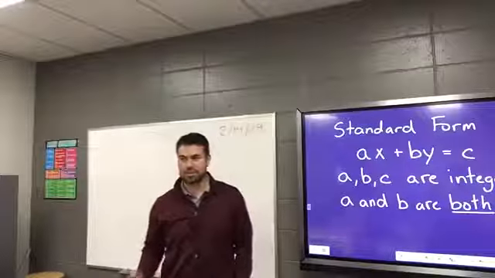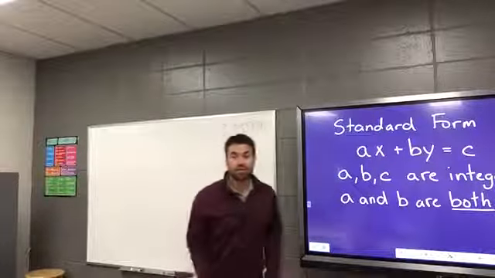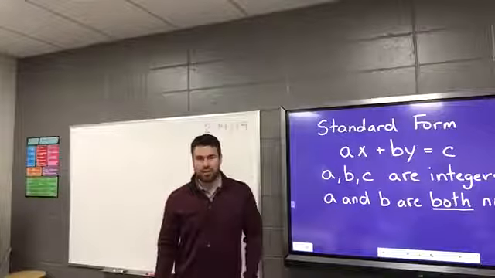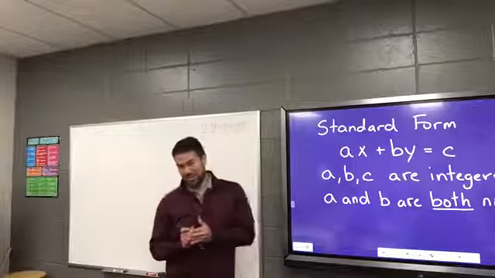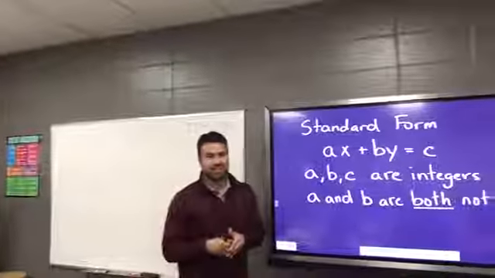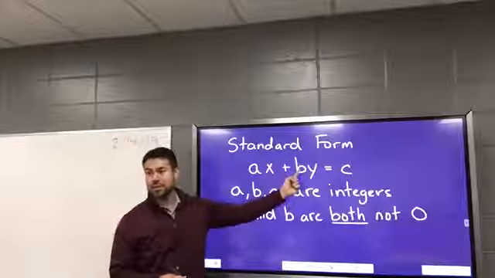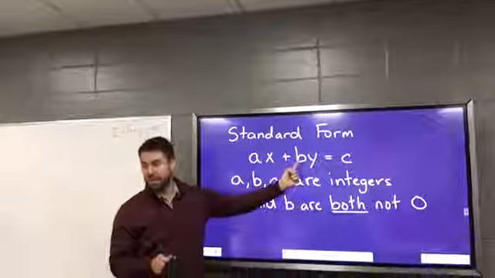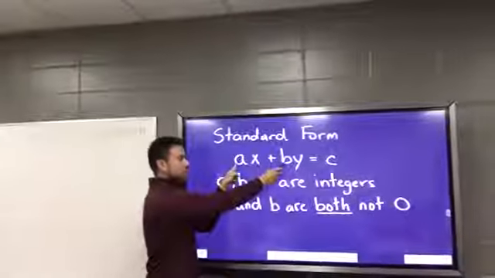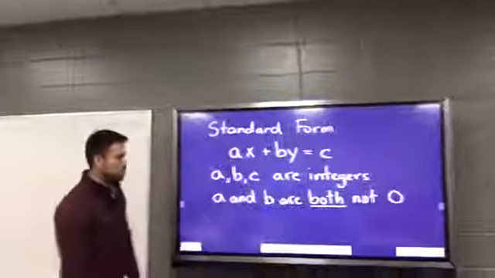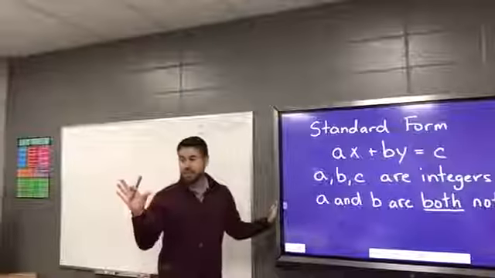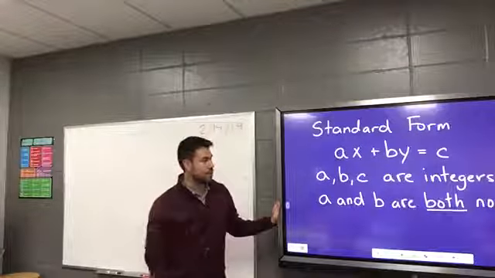Because I'm trying to say it as clearly as I can. Like A and B can't be 0? Close. Only one of them can be 0? Yeah, one can be 0, the other one can be 0, but what can they not both be? These two numbers cannot both be 0, or it's no longer in standard form. Does that make sense? Both of them at the same time cannot be 0.